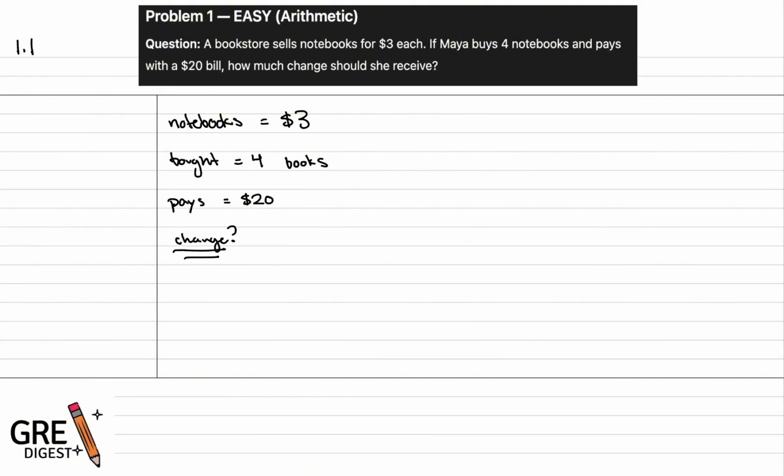So to start, let's estimate the total cost. So total cost should be notebooks times how many? And in this case, the notebooks are $3 each times 4 books.